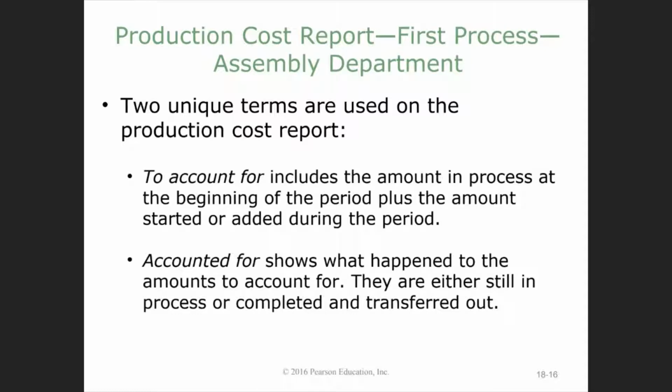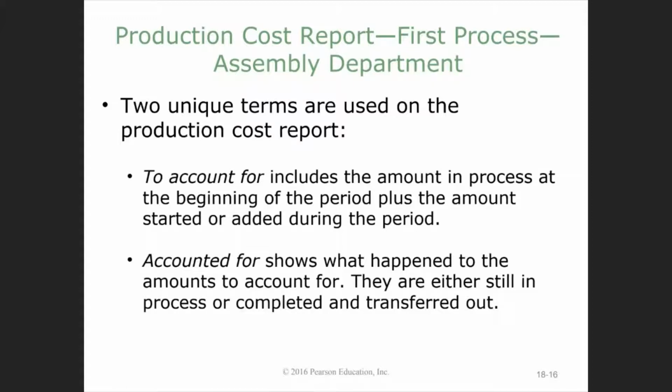So the definitions that we see here: to account for includes the amount in process at the beginning of the period plus the amount started or added during the period. So it's where we are taking the amount in process at the beginning, and then we're adding in any additional amounts that come along throughout the period.